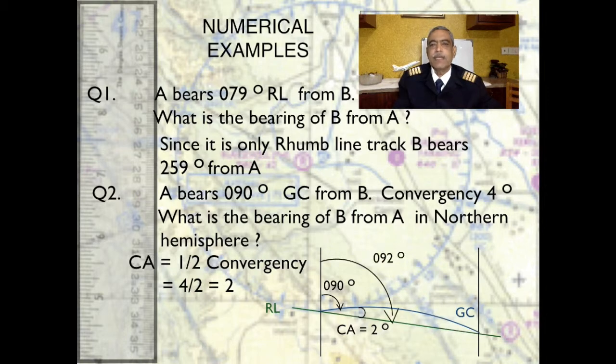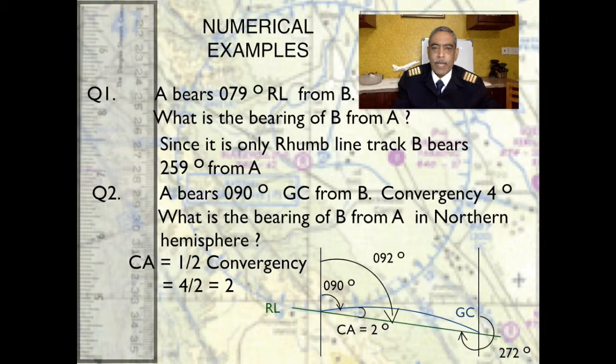From the picture also it is clear. So before solving such numericals, it's best to draw a diagram like this and then get on to solving the numerical. So now we know the Rhumb line track is 092 and the Rhumb line track from B to A will be 272 because it's exactly reciprocal.